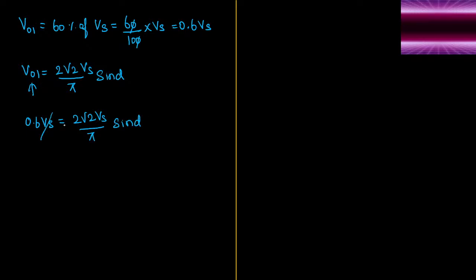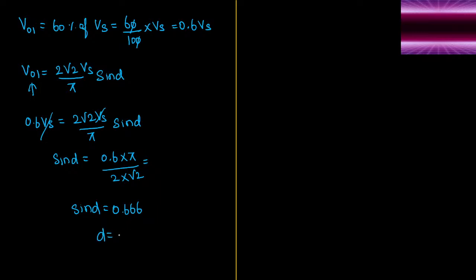Now this Vs will get cancelled out. Further, I can say the value of sine d equal to 0.6 into pi upon 2 into root 2. Now, if you reduce this, what will you get? 0.6 multiplied by pi, divided by 2, divided again by root 2. So overall, the value of sine d will be equal to 0.666.